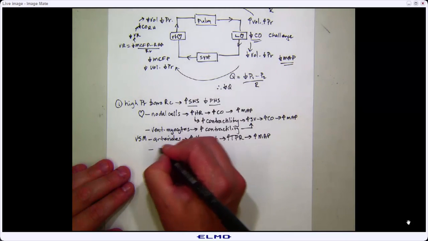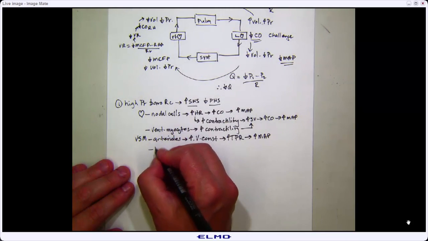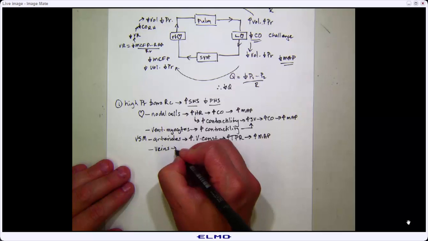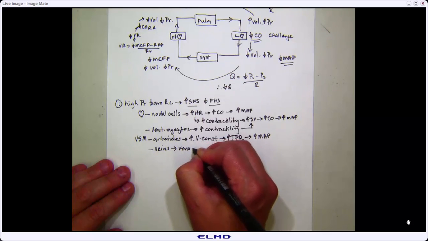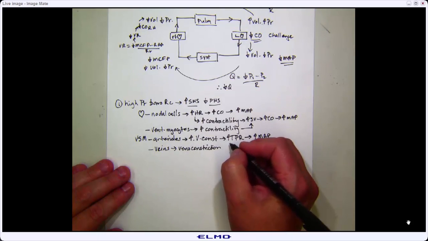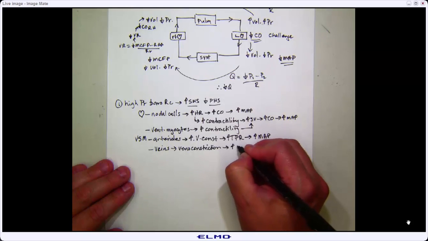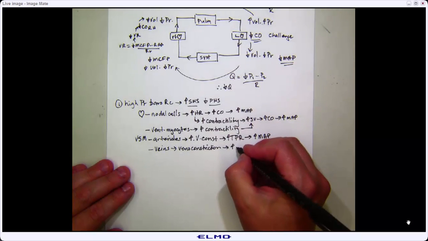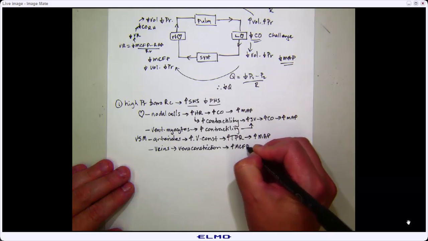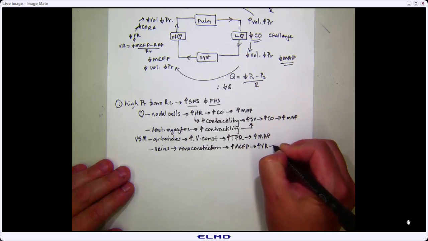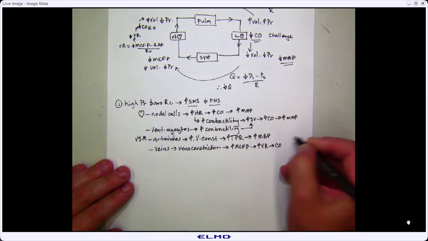All right. We have direct SNS innervation into veins. Here we cause venoconstriction. Change that pressure volume relationship. That venoconstriction would make the walls a little more rigid, causing an increase in mean circulatory filling pressure. This would cause an increase in venous return, which would cause an increase in cardiac output of the right heart.